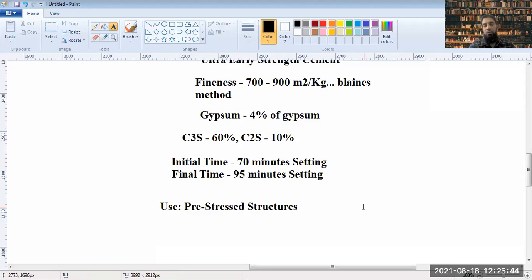It's very difficult to make you understand at this moment, but just remember it's a pre-stressed structure, and you can check the figures of the pre-stressed structure at this stage. It's not possible to explain because it deals with a lot of other things related to the analysis and the design of the structures. So that's the application of this form of cement.